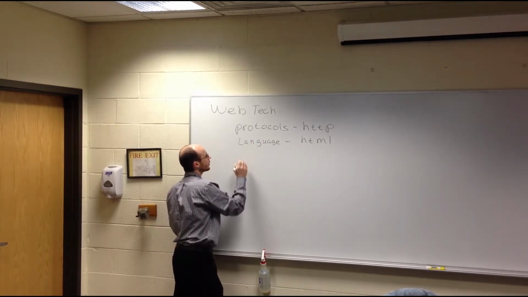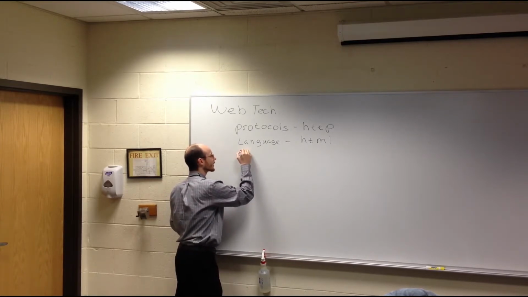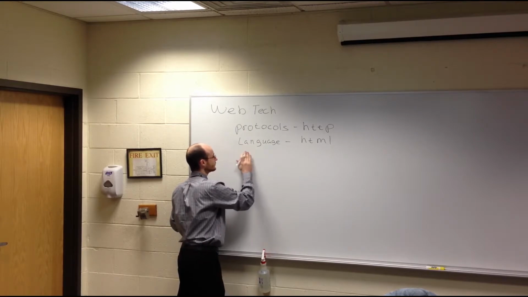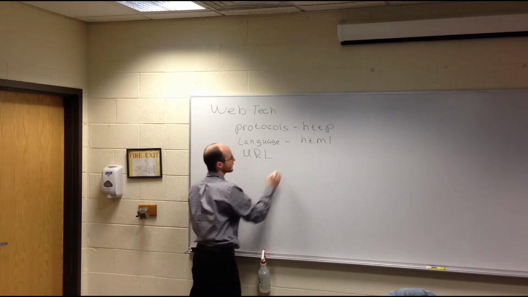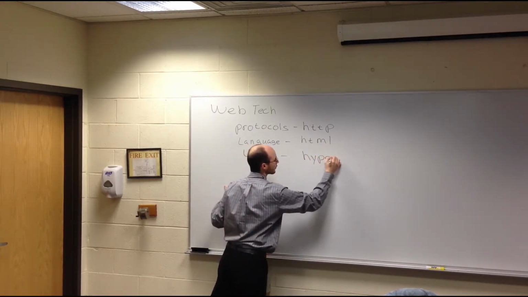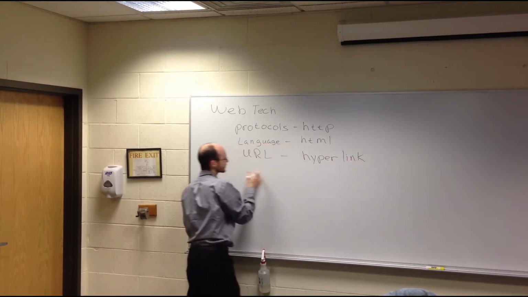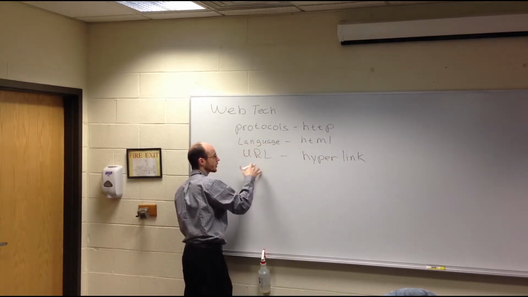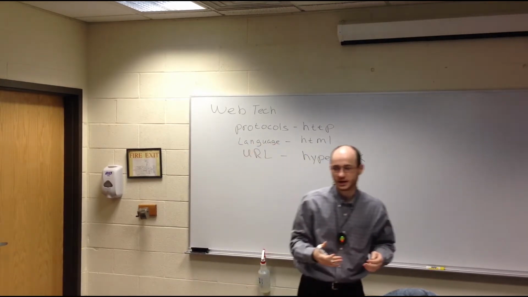And then the other component was the ability to identify or locate resources and linking them together. Now, I wouldn't actually say that a hyperlink is a URL, but a URL is a hyperlink, but they are one and the same, if you will.